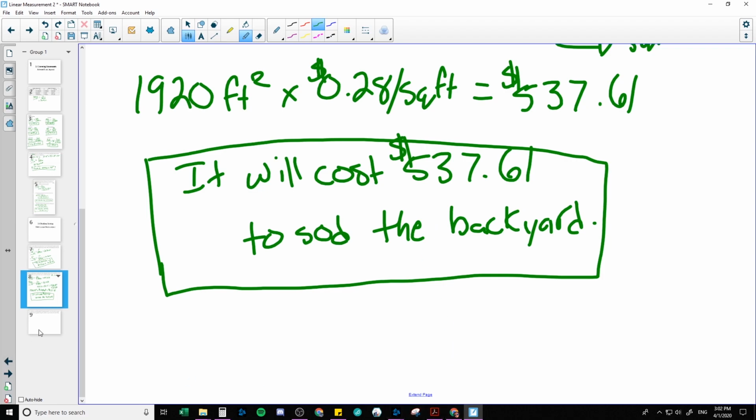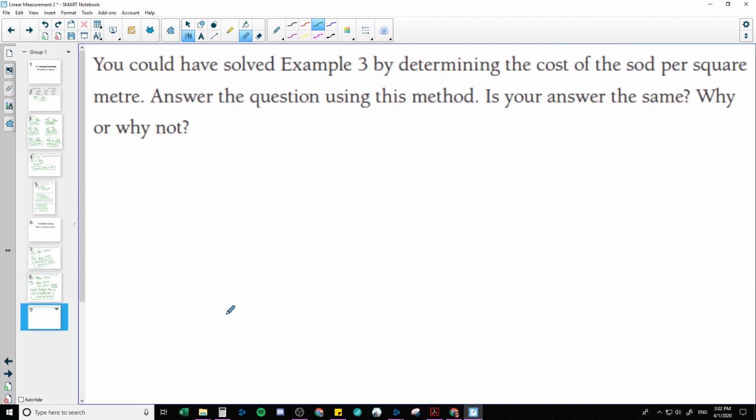Okay, now let's take a look at this second page because it's saying we could have solved this example by determining the cost of the sod per square meter. Answer the question using this method. Is your answer the same? Why or why not? Now, on the surface, this looks like a really simple conversion, but we have a problem, and that is that the cost of 28 cents was per square foot.